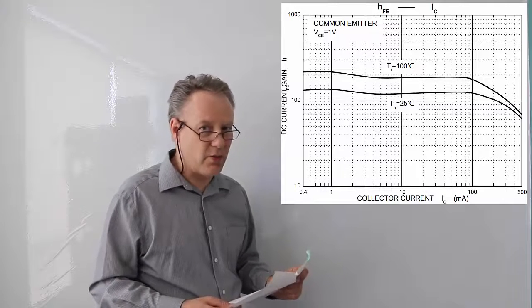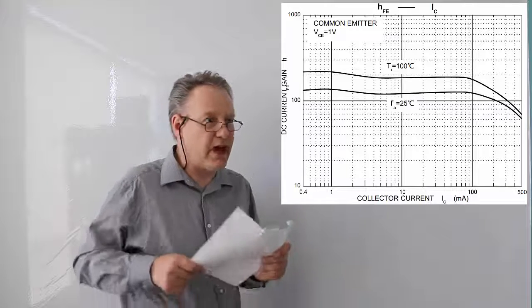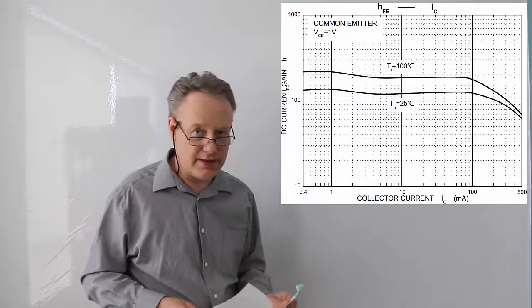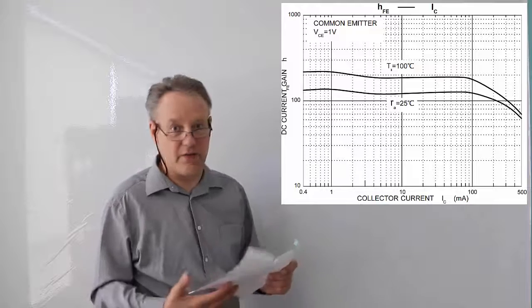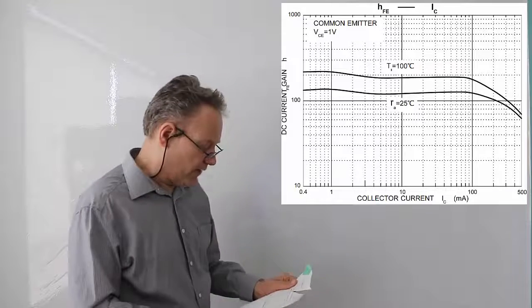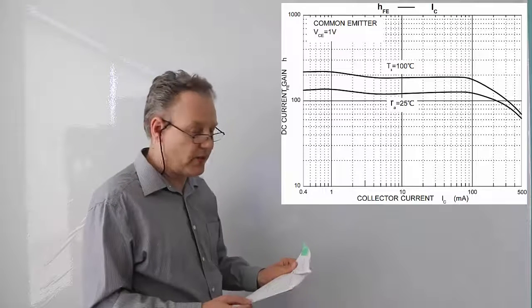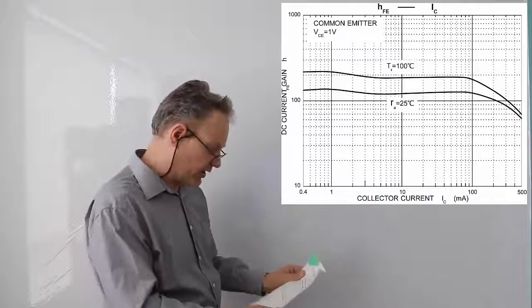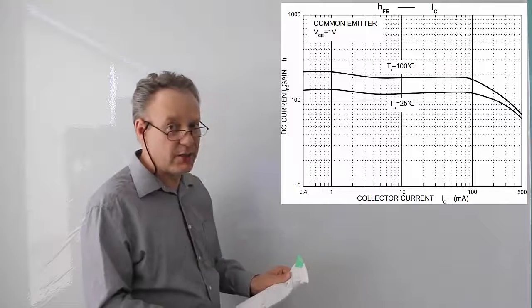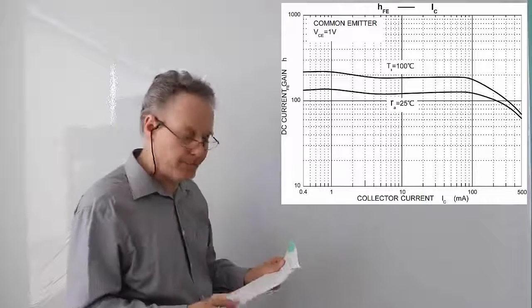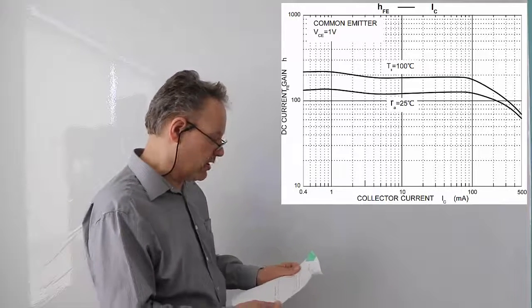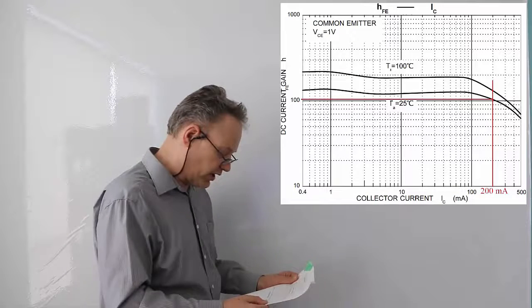It's not going to get that hot. We're not pushing it. We're not asking it to carry a lot more current than it's designed for. We're going at about 40%. So if we take a look at the gain on this one, it's really stable. It doesn't change a whole lot. But as the collector current increases a little bit, the gain does go down some. Okay, so this is pretty stable. So actually, just take a look at 200.